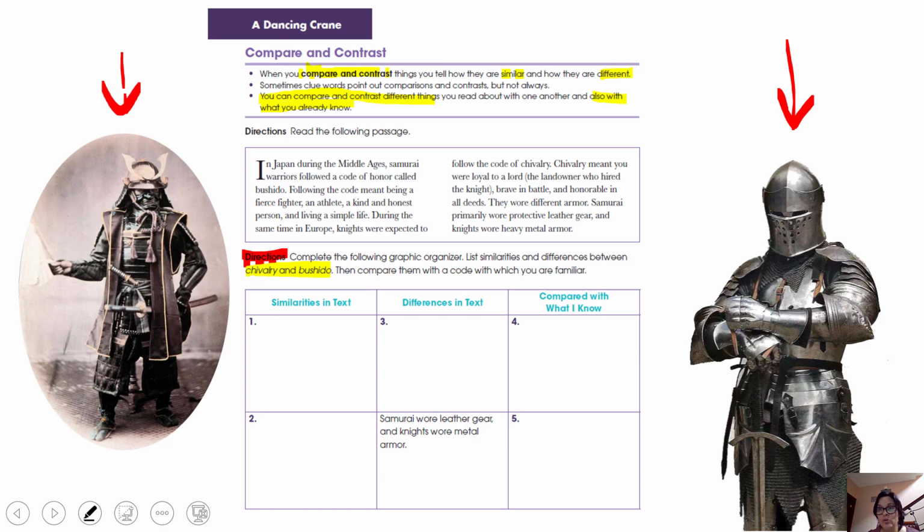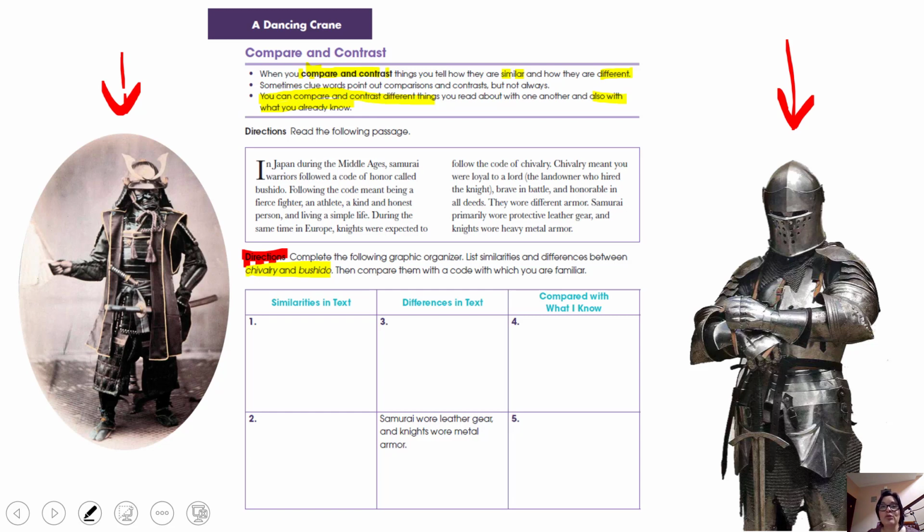Chivalry and Bushido were the codes of honor that they were following. So we are going to compare chivalry that was for knights and Bushido that was for samurais.